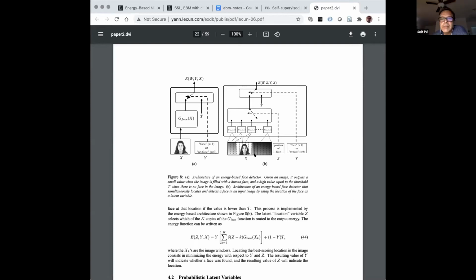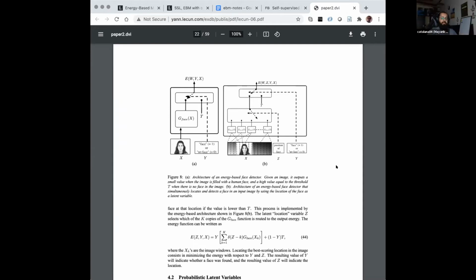And you can basically move the face up and down or sideways in the second picture by changing the value of z. Yeah, from the principal components, yep. But here it's more with respect to continuous and discrete copies that are routed to the output energy. So it's a bit different.